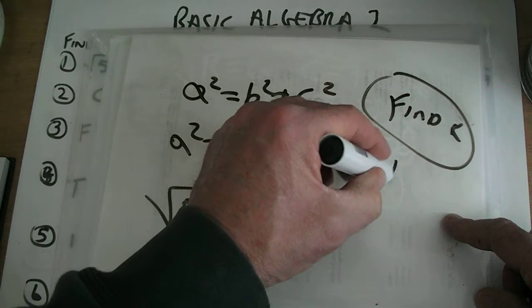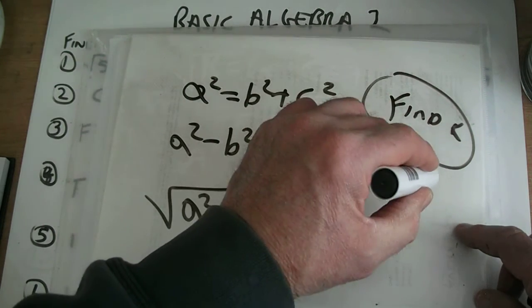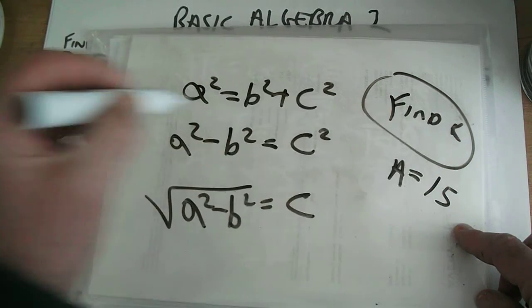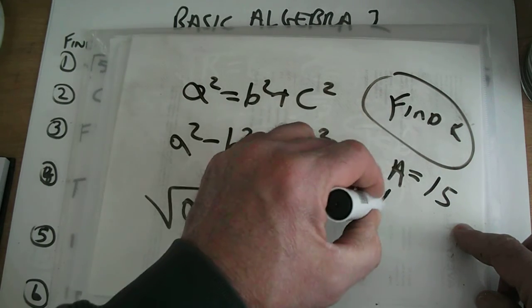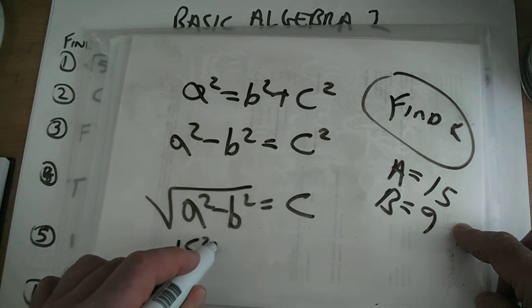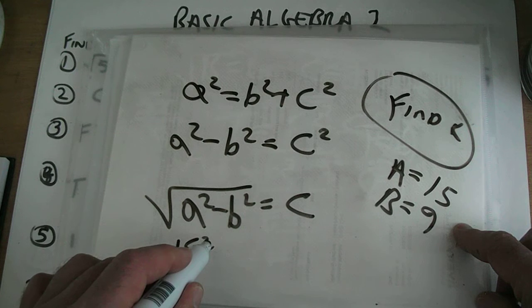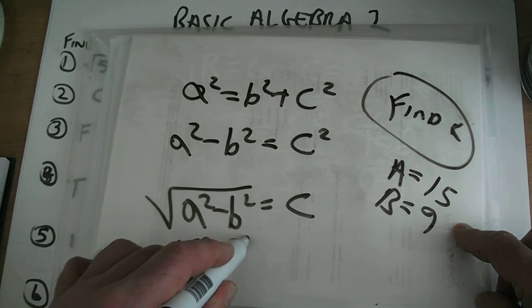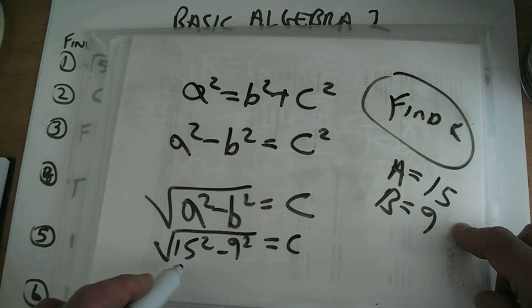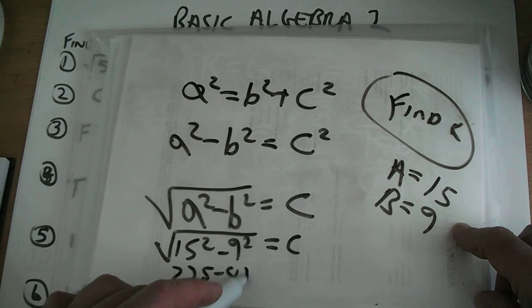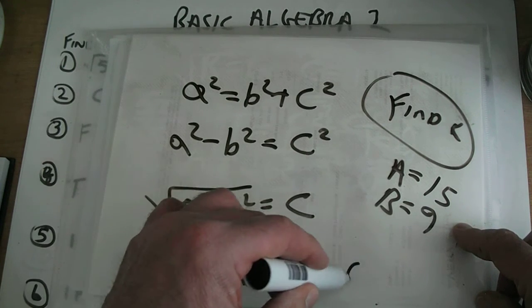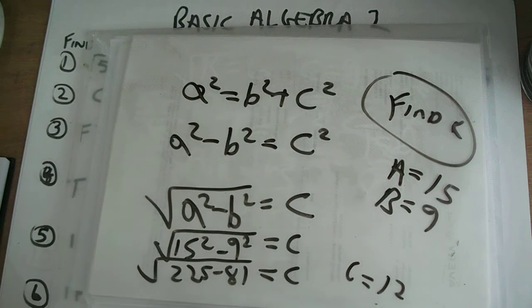If I said a was 15 and b was 9, put the numbers in. 15 squared minus 9 squared equals c. 225 minus 81 equals c, and that comes to c equals 12.